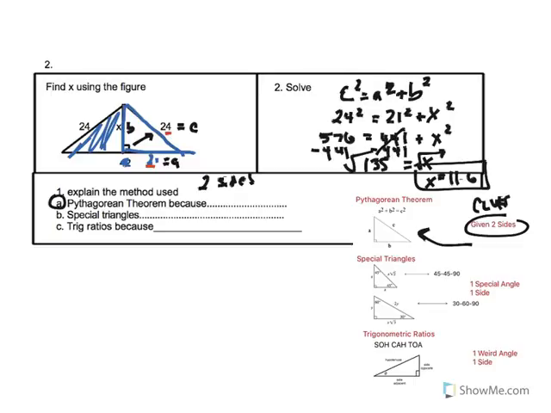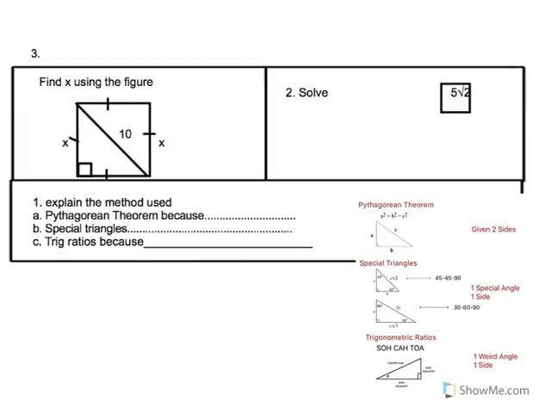Subtract 441 from each side. We get x squared equals 135. Square root both sides. X equals 11.6. So in this one, we use the Pythagorean theorem because they gave us two sides and they needed to find the third.